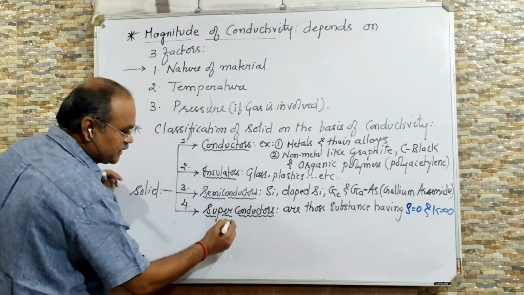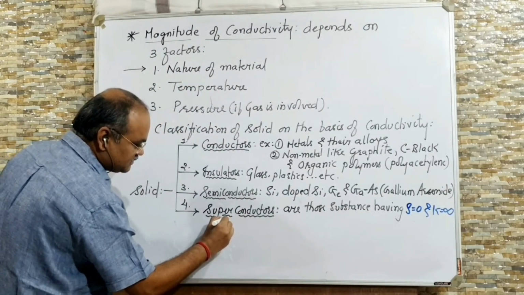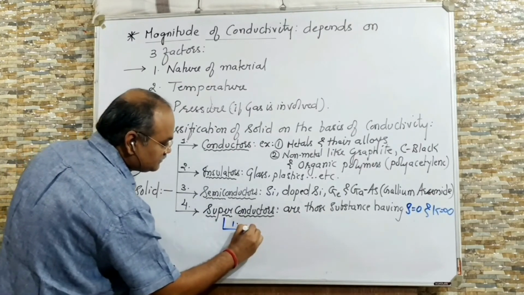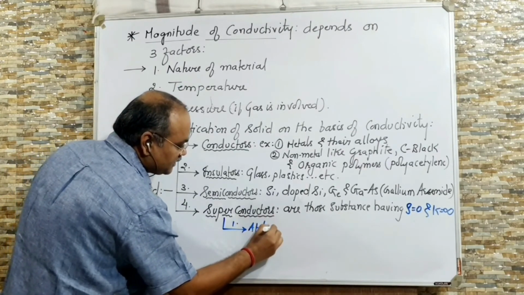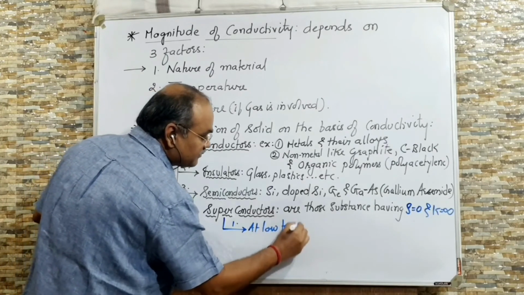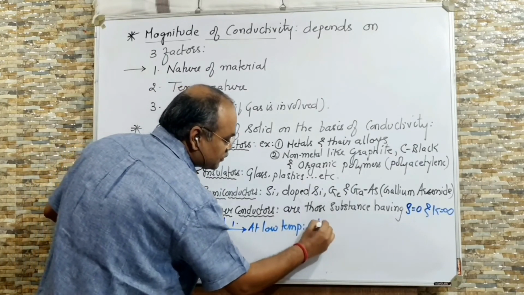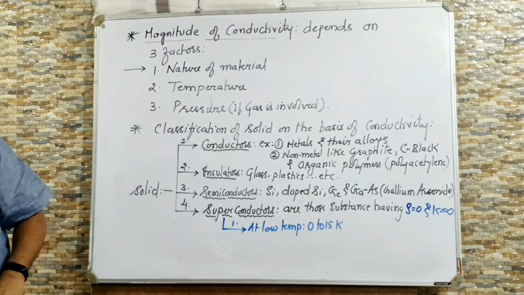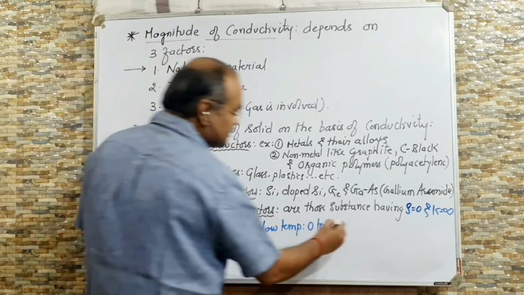Here also there are two examples. Superconductors are, number 1, at low temperature in the range 0 to 15 Kelvin, some metals and their alloys are used.